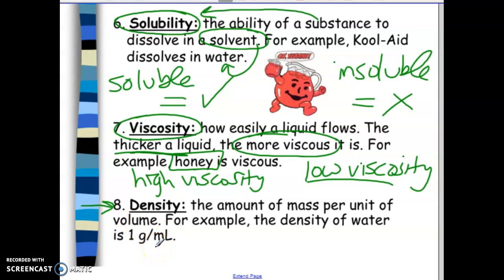Okay, so just like melting and boiling point, density is very unique, meaning that all types of matter have different densities. So water has a different density than honey. That has a different density than wood or plastic or copper. Every type of matter has a different density value.